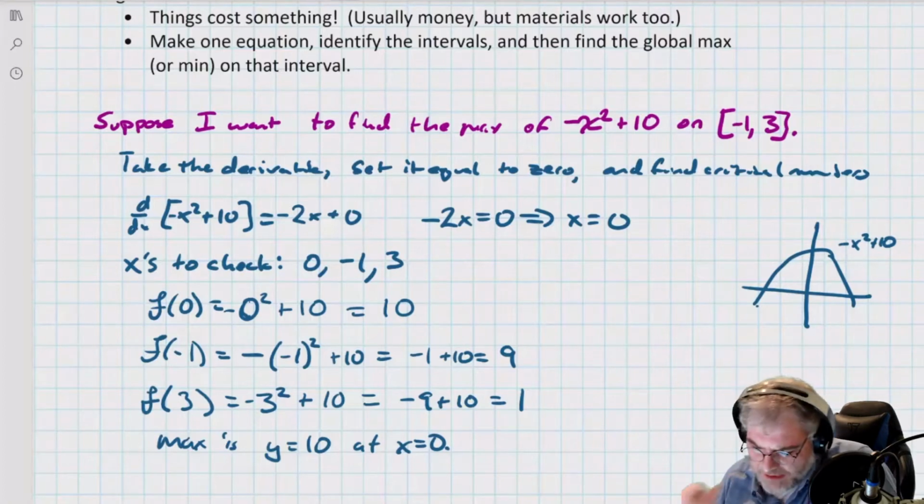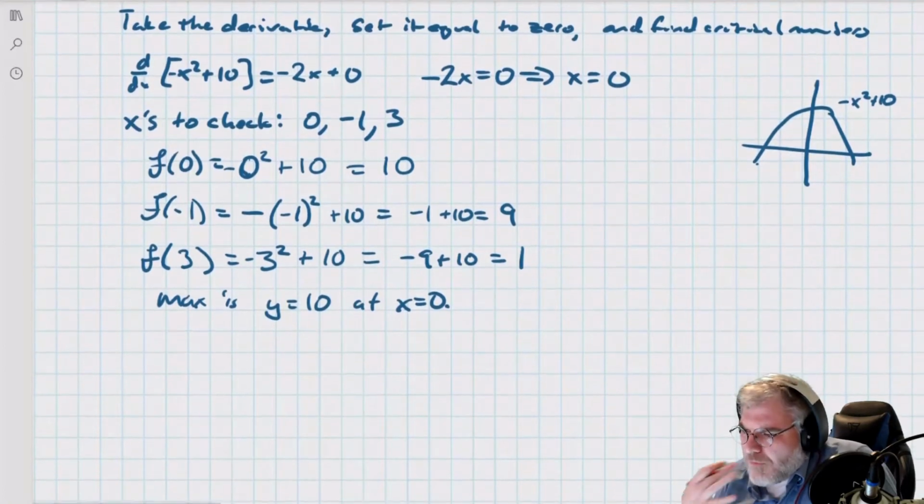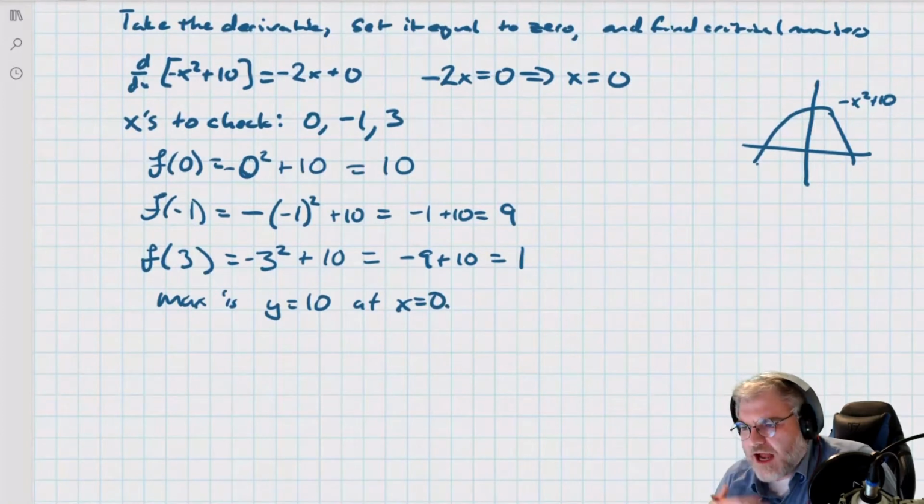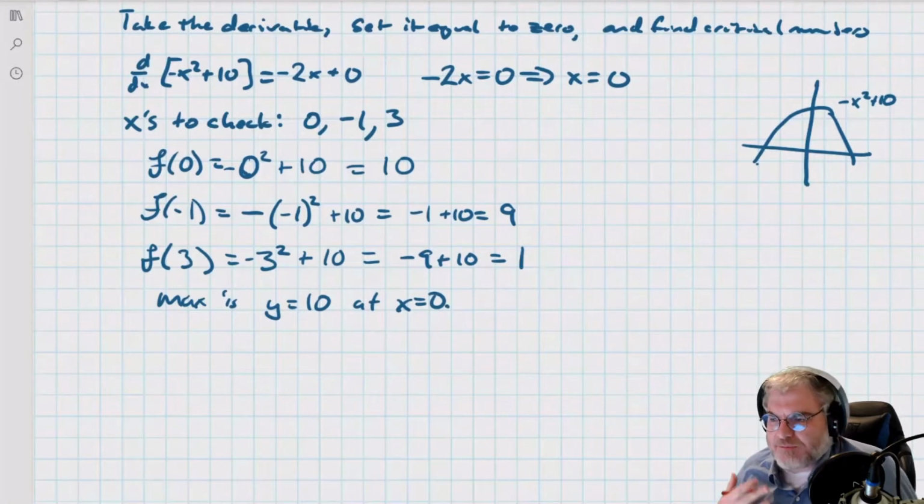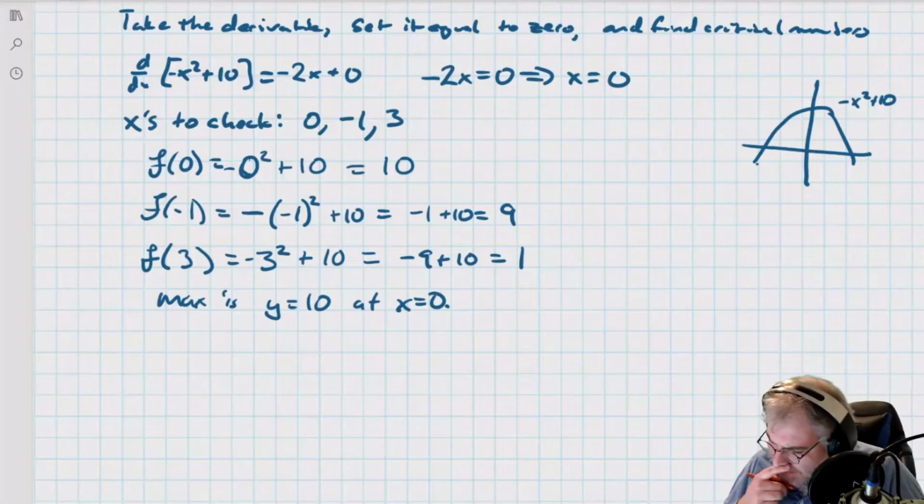Now, most of the things that I want to optimize for in real life have this same type of problem. There's a natural endpoint of some sort, but we usually get them in terms of two equations. So this is one variable optimization.